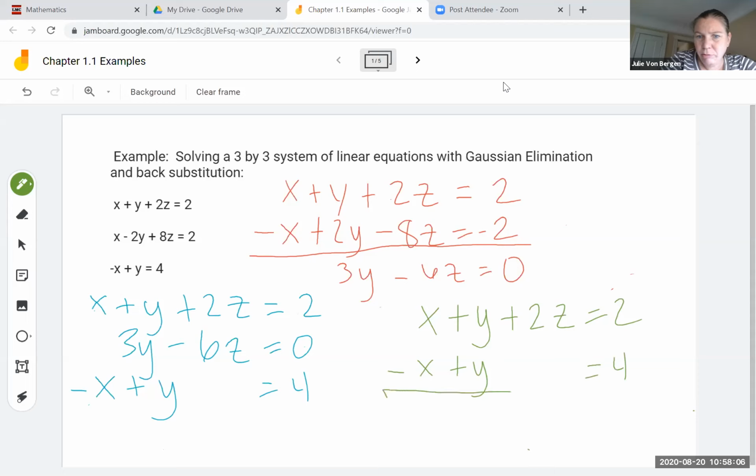My x's cancel out, and I end up with 2y plus 2z equals 6. We want to have a z variable by itself in the third equation, so that's why we've gone through this step. Now let's rewrite our system of equations on the next screen.